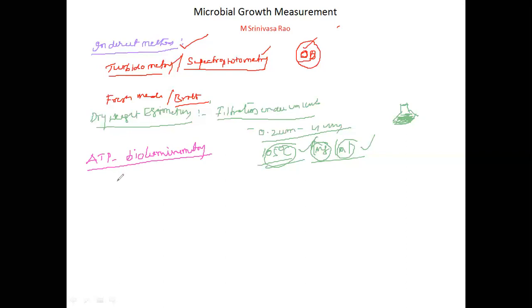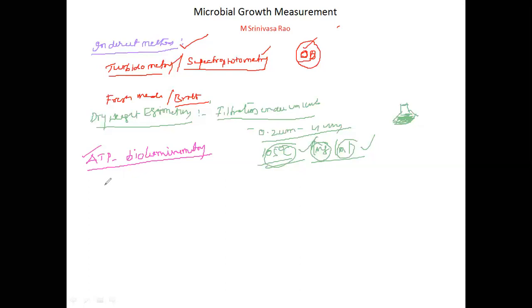ATP is rapidly lost from dead cells. It will not stay long when a cell dies. Hence, it is very useful for us to determine the concentration of viable microorganisms. The amount of ATP in a sample can be quantified by using ATP bioluminometry.